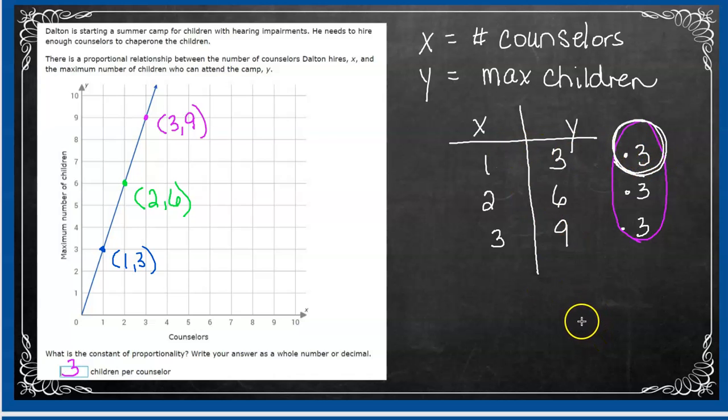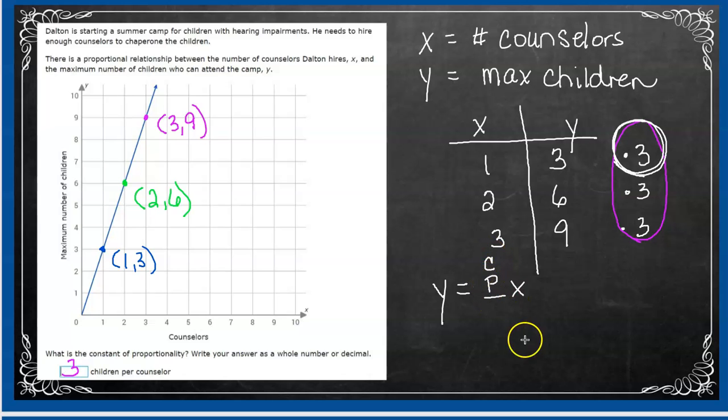Our equation is always going to look like this, and I think sometimes this is made too complicated. Sometimes teachers make this more complicated than it needs to be. So for a linear equation, for a straight line that goes through the origin, you are going to have y equals something times x, where this right here is the constant of proportionality.